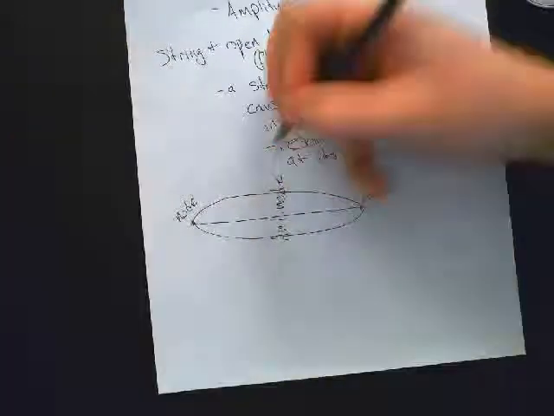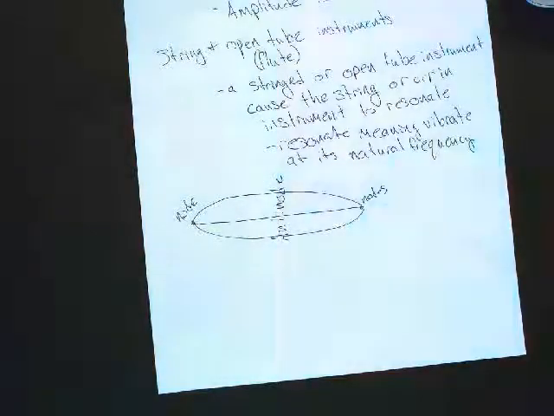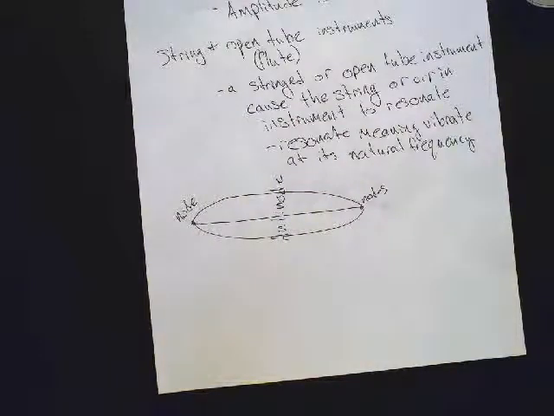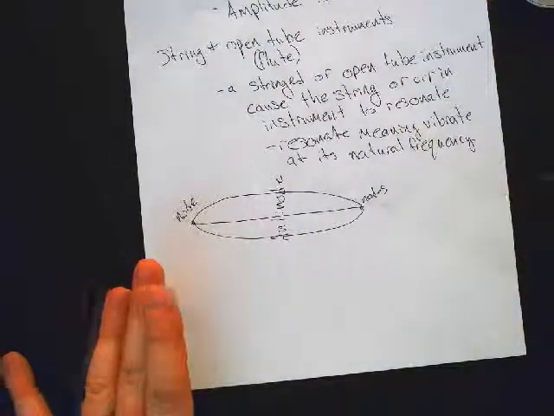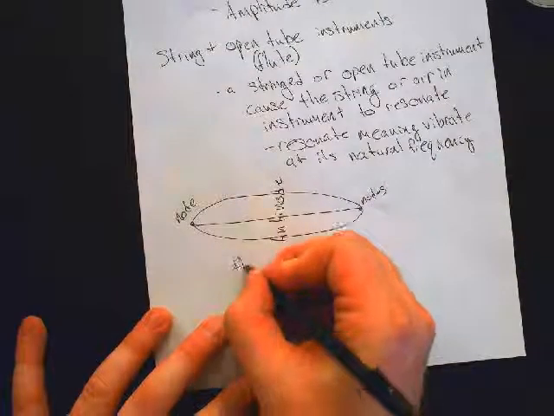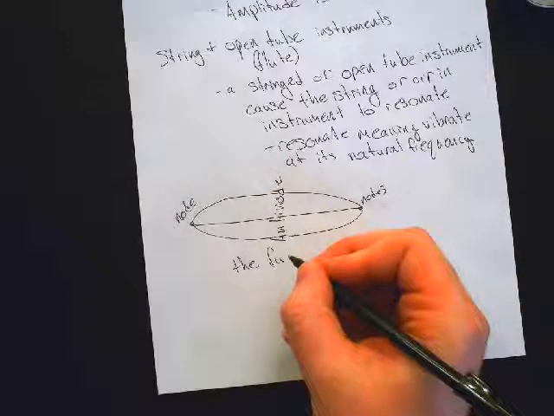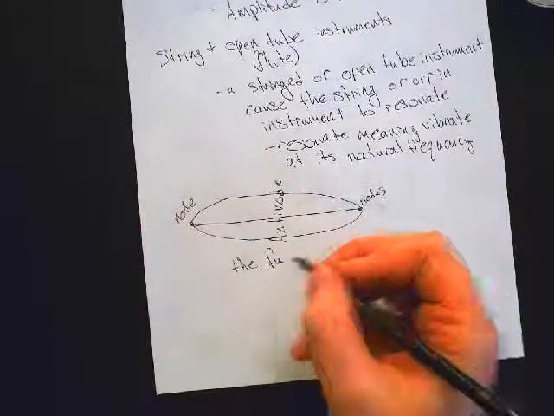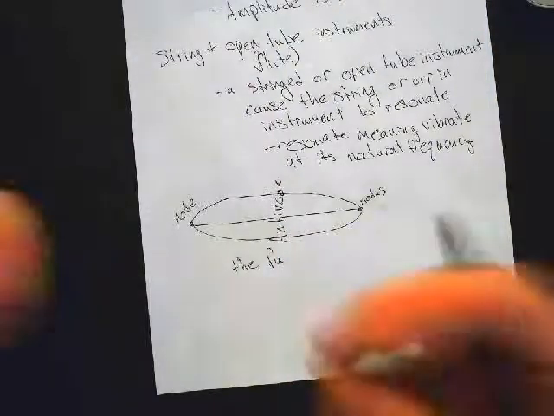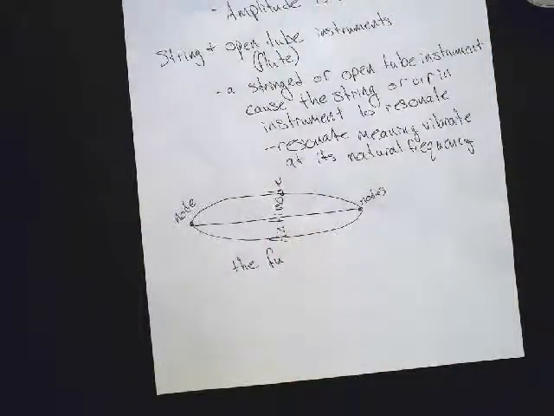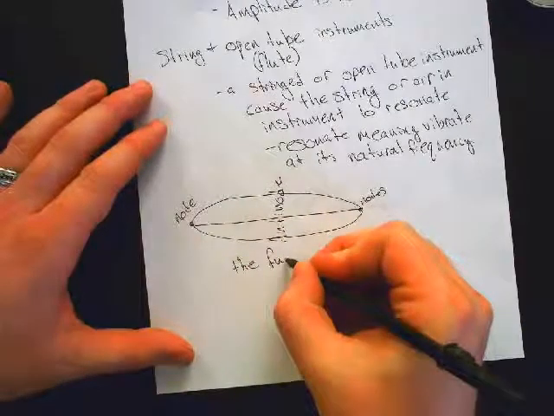All right, so when we produce the fundamental frequency of a stringed instrument or of a wind instrument that's open on both ends, what we're looking at is we're creating half of a wavelength within that instrument. So the fundamental frequency, meaning the lowest frequency that will vibrate and the one that you hear the most for that length of string, for that instrument tube, is the fundamental one.